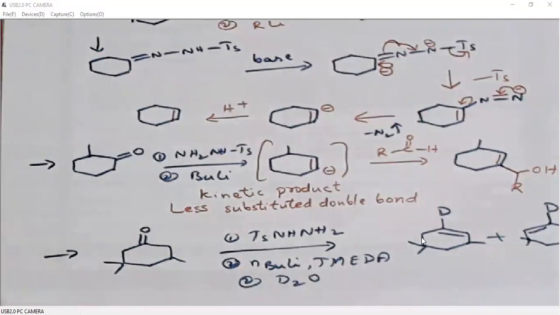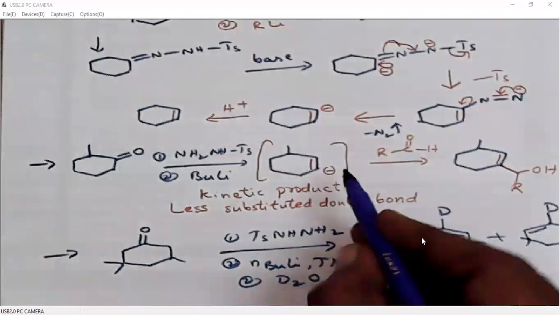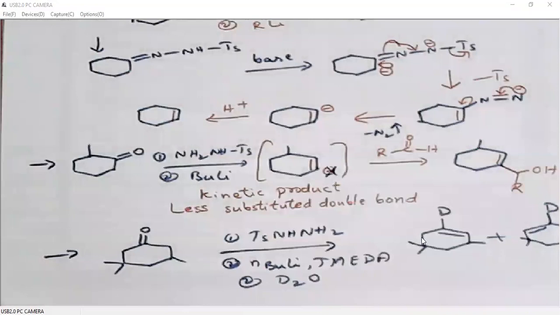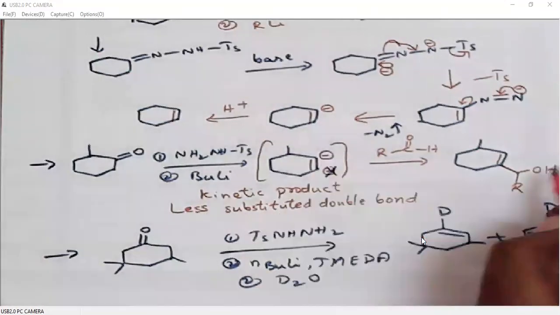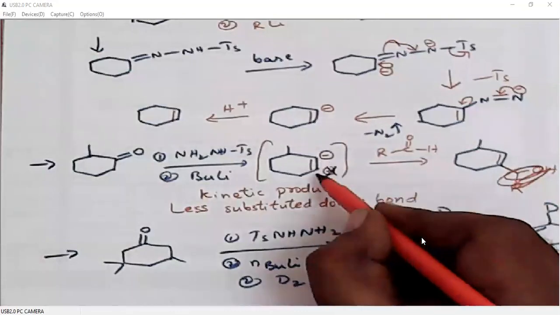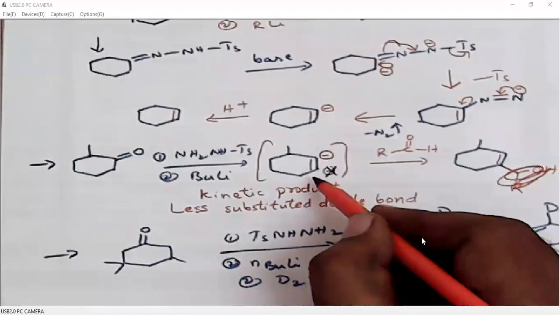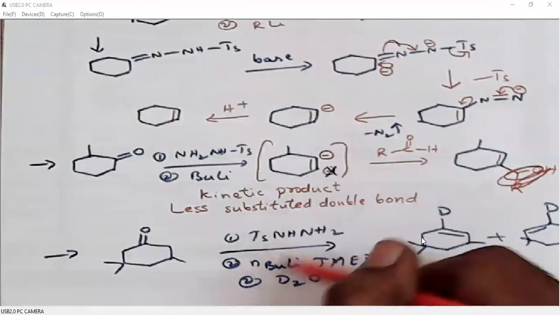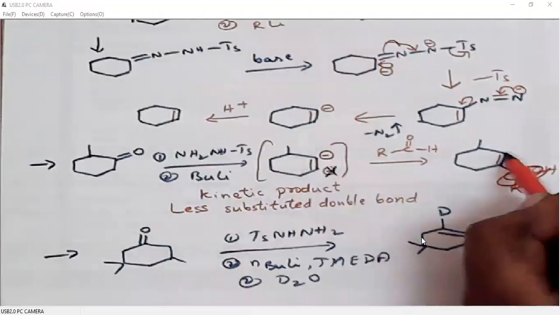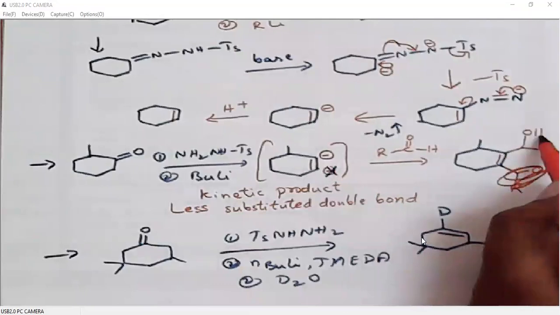Yeah, sorry, there is a mistake. I also did not notice it. Here, the negative charge will be generated at the carbonyl carbon, I'm sorry. The negative charge must be generated at the carbonyl carbon, not on the other side. Thanks for rightly pointing it out. So the condensation will be here, not here.